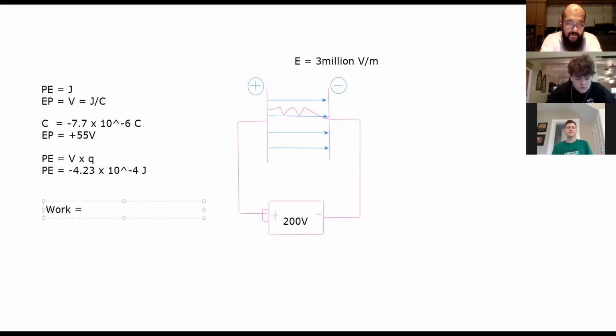And the unit for this is a joule. You can say that that's almost the same thing as energy.